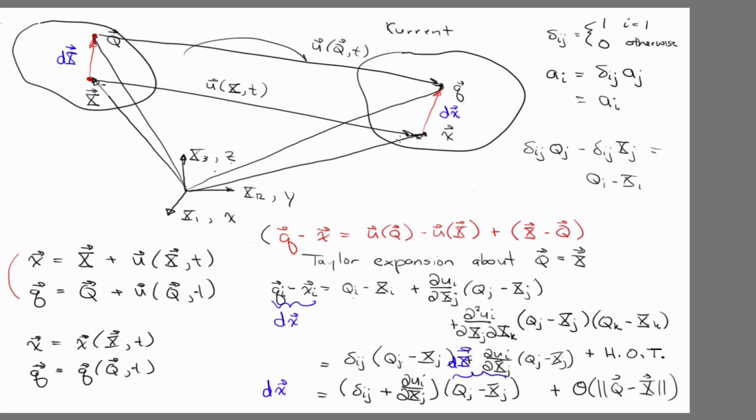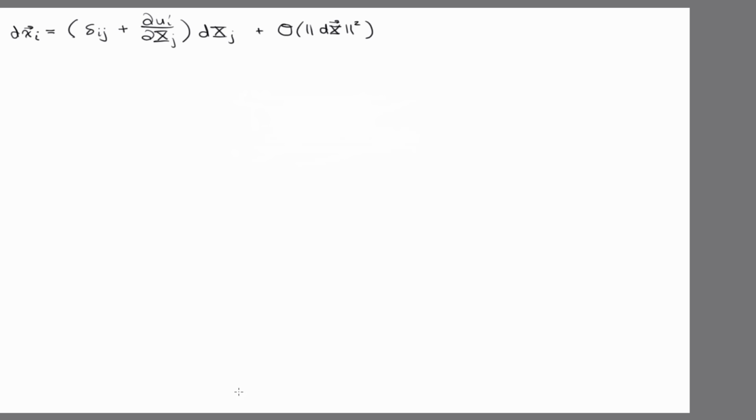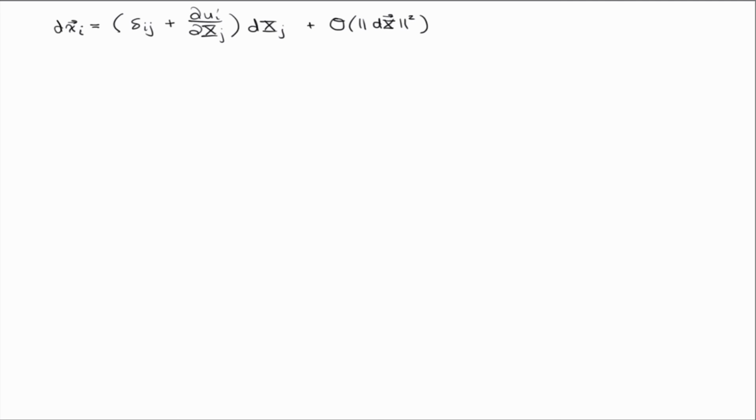Right? So we just wrote down the equation, Taylor expanded about q equal to x, and then just gave these vectors, q minus x, big Q minus big X, and little q minus little x, new names. They're just vectors, right? So we just gave them new names, and this is the result down here, which I've rewritten there.